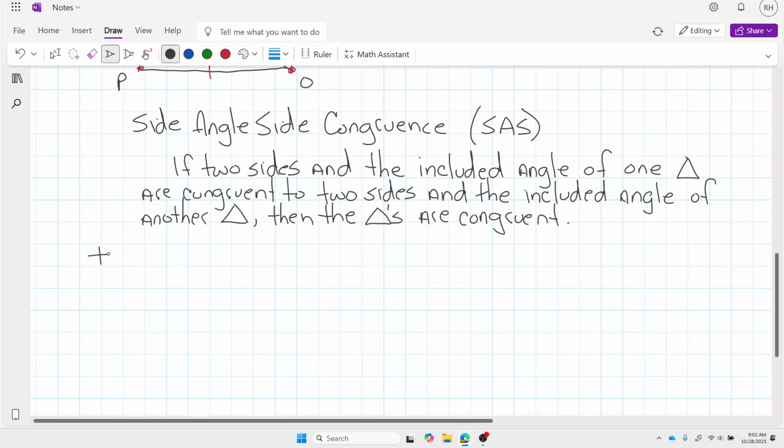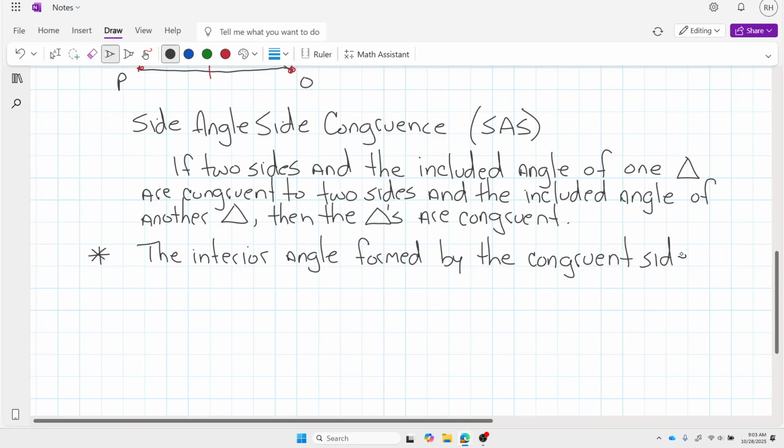Now we're going to say right here, the interior angle formed by the congruent sides is an included angle.